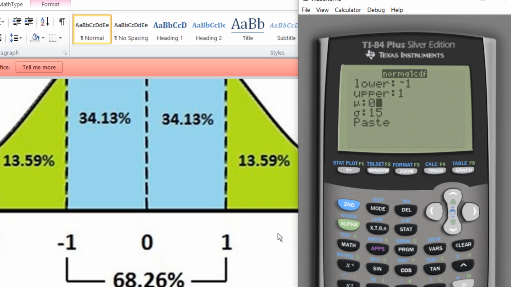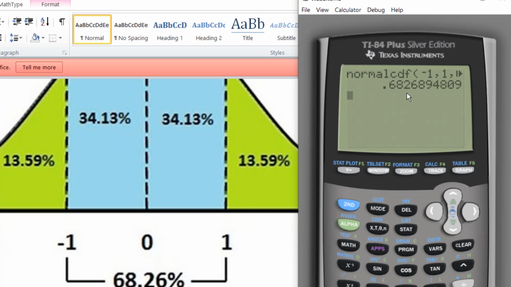And if you're dealing with z-values, the standard deviation is always 1. Even though it might be something else, because I have it transformed here, I use 1. So I put 1 there, and then I lower this to paste it. This is going to give me the sum of these. Hit enter. There it is.